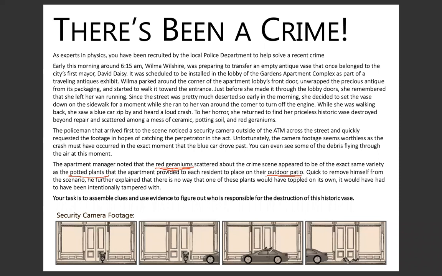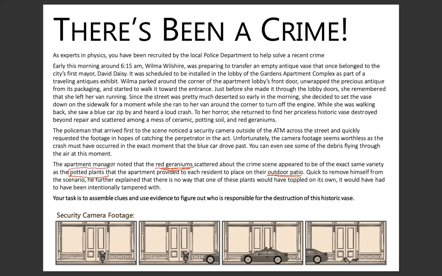So we didn't see the object actually hit. We didn't see the planter actually hit the vase because it was obscured by this car. So what we're really trying to figure out is where the planter with the red geraniums fell from, right?